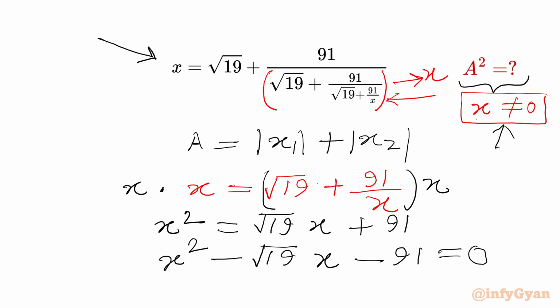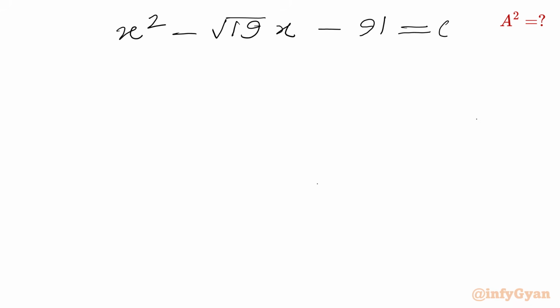Now the equation is quadratic, we can go for the quadratic formula. So we will write a, b, c first. The equation is x square minus root 19x minus 91 equal to 0. Now we will compare our equation with the standard one, ax square plus bx plus c equal to 0.